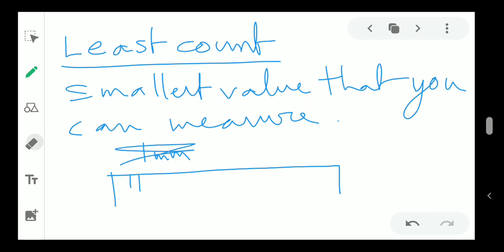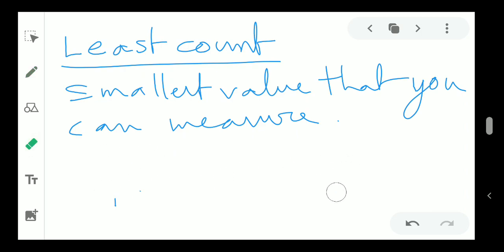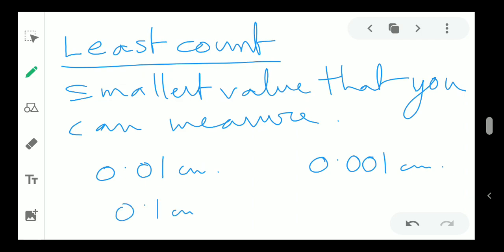Let's say you are using a screw gauge. For a screw gauge, the least count is called something else, but the concept is the same. In vernier calipers, you will also learn how to measure the smallest value.